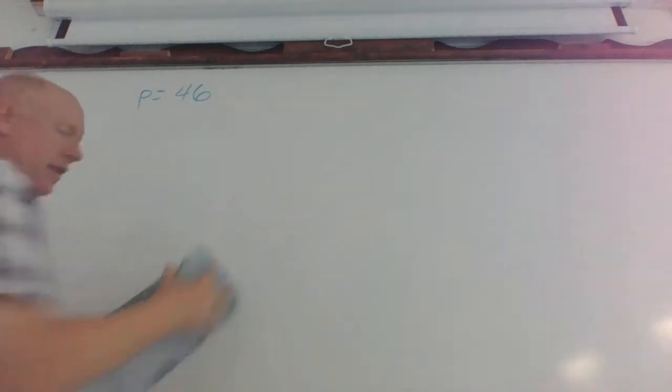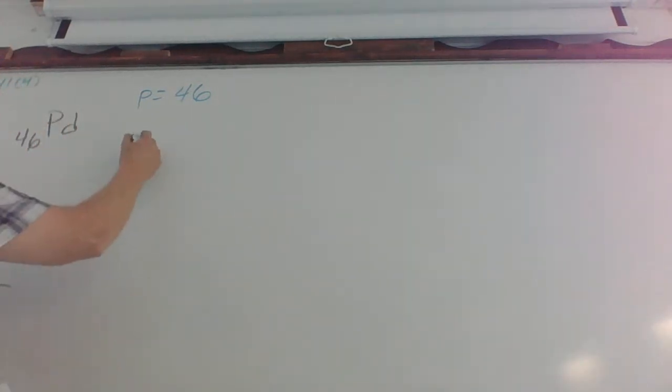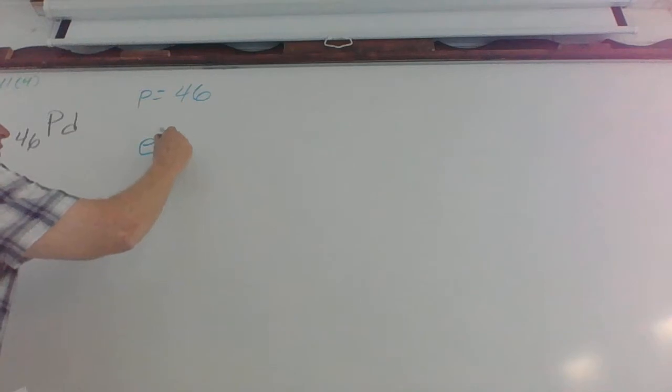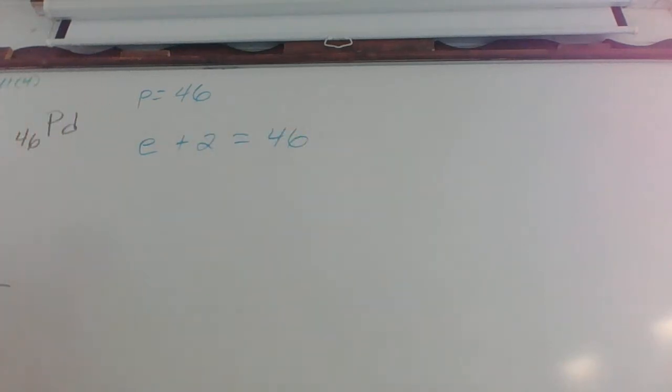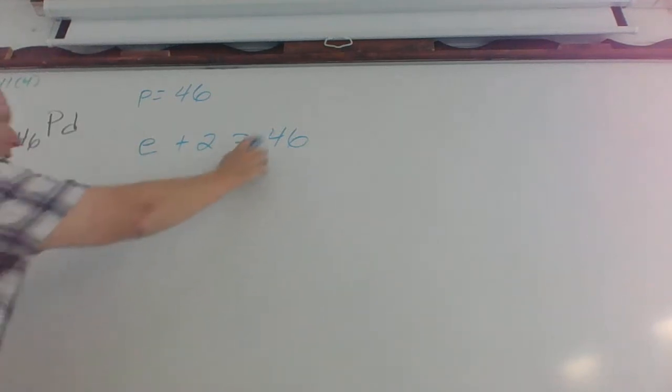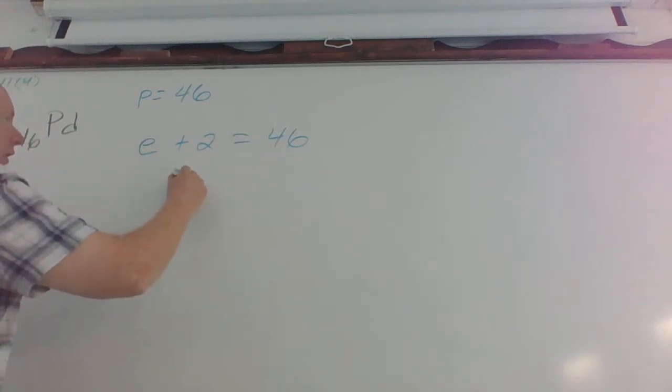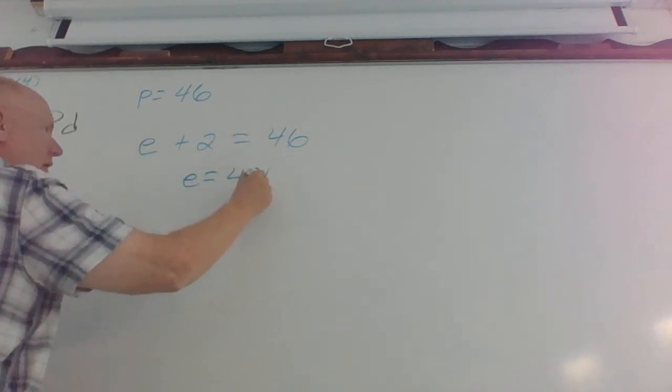Let me rewrite that. Number of electrons minus 46 equals +2... There we go. So how do you get E by itself? Yeah. So once we subtract that over, now we got electrons equals 44.